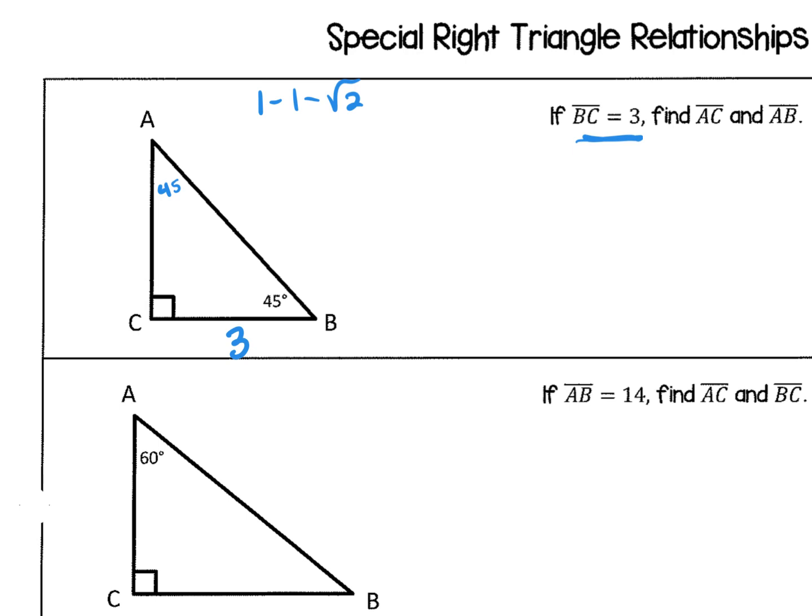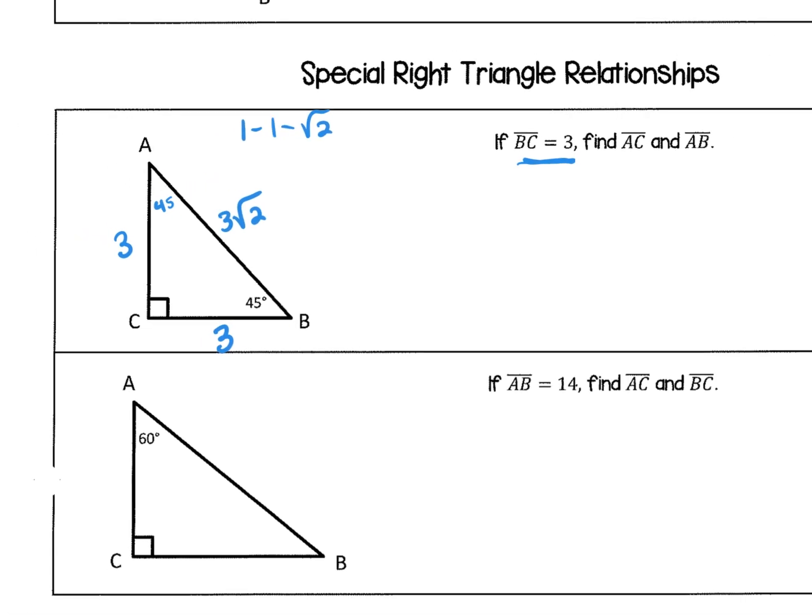Then this whole triple is just getting multiplied by 3. So this leg is 3, and this hypotenuse is 3 root 2. So AC is also equivalent to side B, and that would be equal to 3. And AB is our hypotenuse, equivalent to side C, and that's 3 root 2.